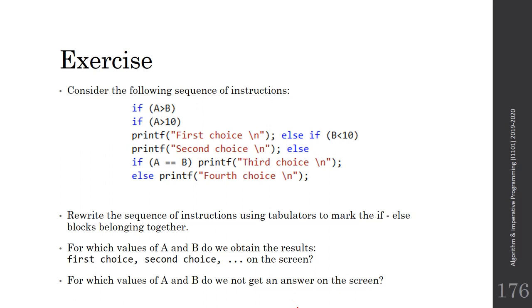And in part 2, they are asking us to give the values of A and B to have, for example, first choice, second choice, third choice, and fourth choice on the screen. And they are asking for which values of A and B we do not get an answer on the screen. So first let us rewrite it, and then we will tackle the following question.